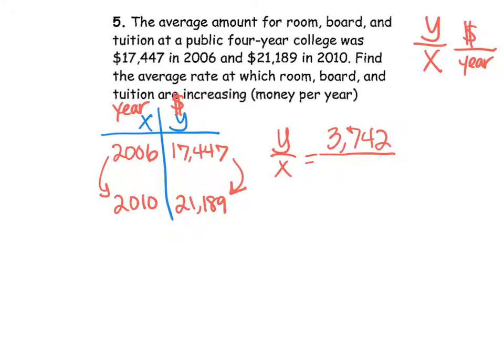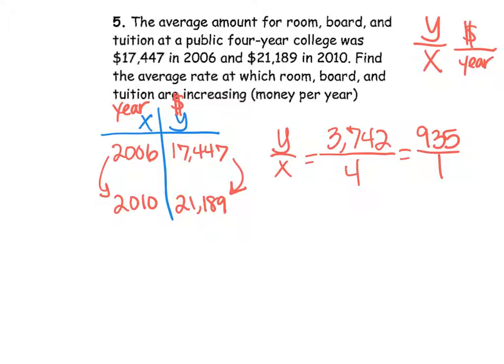From 2006 to 2010, how many years went by? 4. I could reduce that fraction to find 1 year. Each 1 year, how much did tuition rise? $935.50.